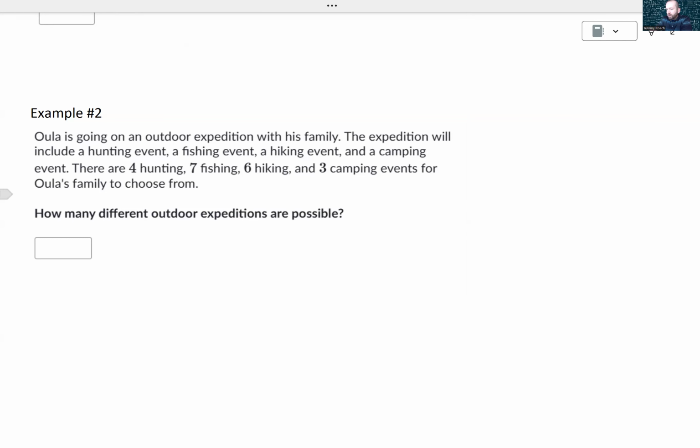So we're going to multiply all of these types of events and the number of each type to find the possible expeditions that there are. We're only choosing one of these, but there are this many possibilities if we multiply that, and we should get 504 for our answer.